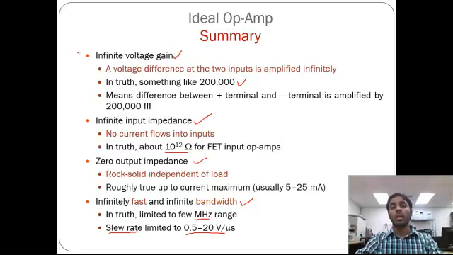Those are the characteristics of an ideal op-amp. It's very important to understand these ideal characteristics because we are trying to implement our circuit so that the characteristics of the practical circuit will meet the ideal circuit characteristics, or be as close as possible.